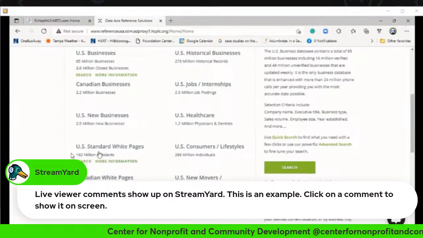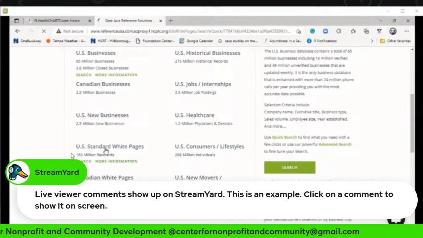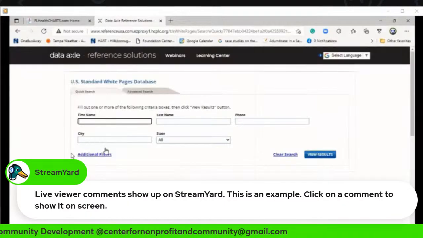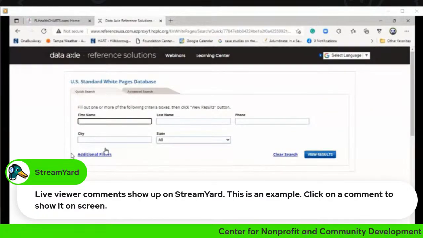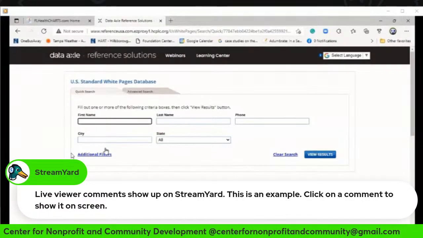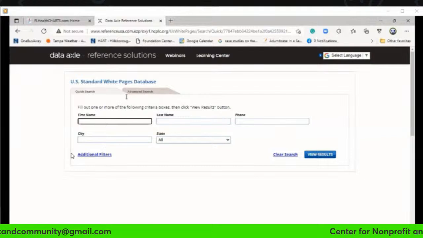If you're trying to get some information, let's click on this, related to your community on the street level. And you're trying to get demographic and economic information that you need to use in order to show how bad the problem is in your community.